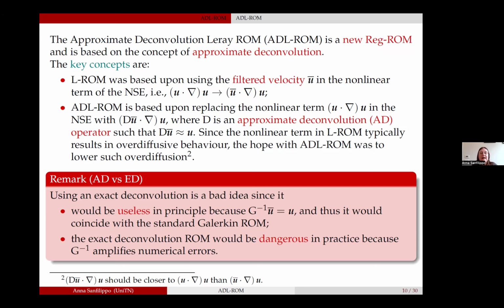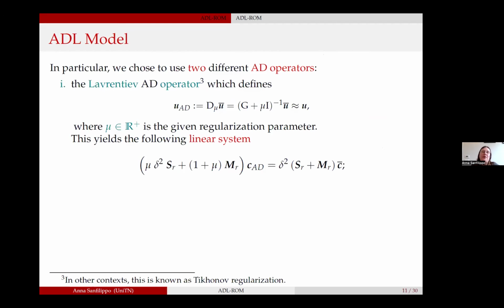And the second reason is that in practice it's dangerous, since the exact deconvolution is not stable. So G-1 amplifies numerical errors, and this is something that everyone should avoid in this field. So we neglect the exact deconvolution and we go straight to approximate deconvolution. But as I said, for approximate deconvolution, we need approximate deconvolution operators. And we chose to use two different approximate deconvolution operators.